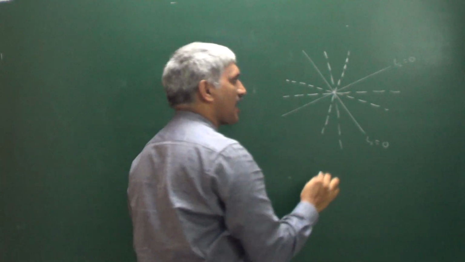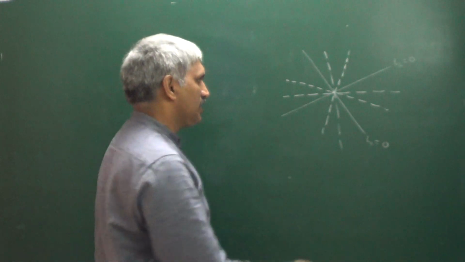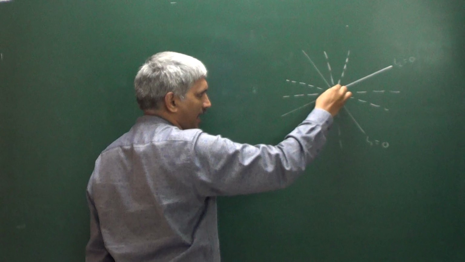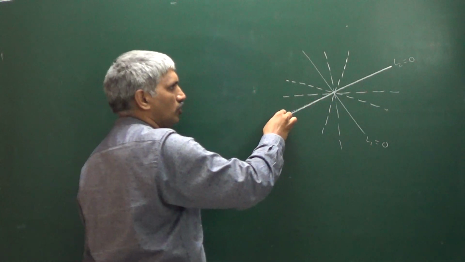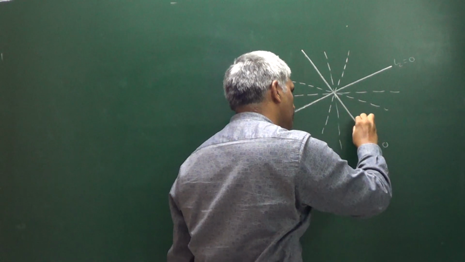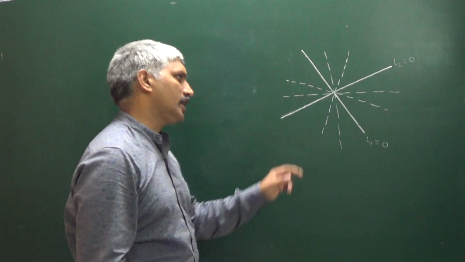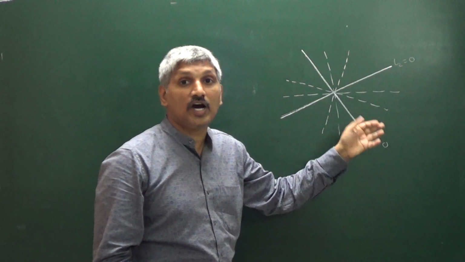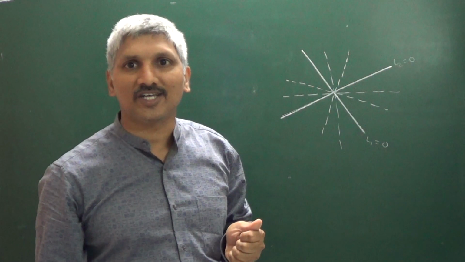We have an infinite number of lines passing through the point of intersection of the line L2 equals 0 and the other line L1 equals 0.